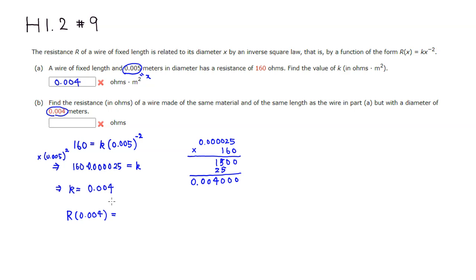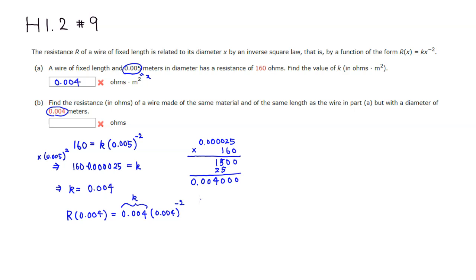We found that the K value is 0.004, which is kind of confusing because it's the same number. Then you multiply by X, which is 0.004 to the negative 2 power.